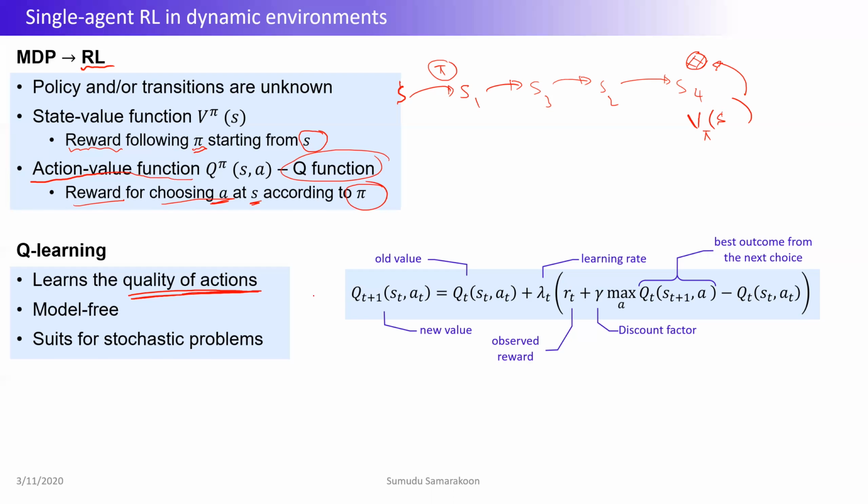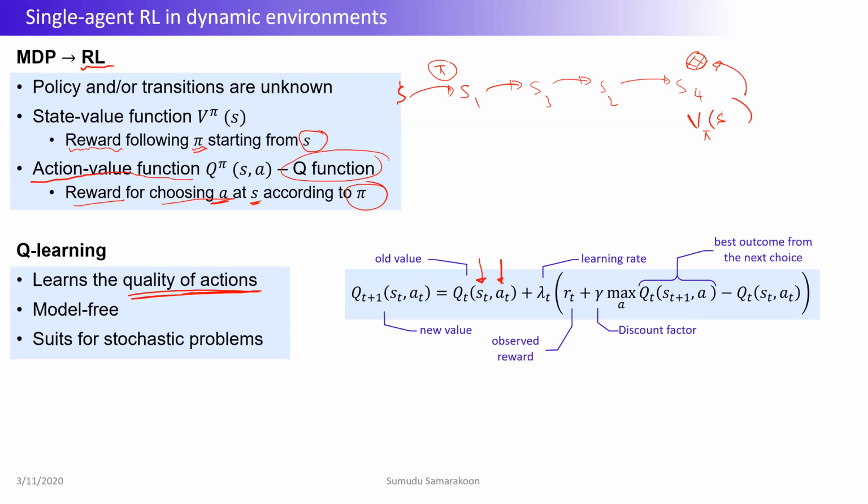So how is this Q value updated over time? It is given in this equation, which is quite similar to what we have observed in previous slides, but there's a slight difference here. This is the Q value of playing action A_t at state S_t.